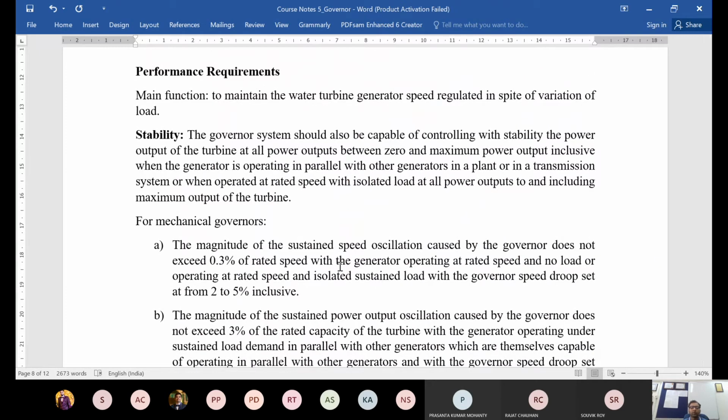Around 2 RPM, right? 1% is 6 RPM, so 1.8 RPM. As you can see, it's a very stringent norm. Even with a mechanical governor, that type of norm is expected. So if the generator operating speed is 600 RPM, the oscillations caused should not be more than plus minus 1.8 RPM.